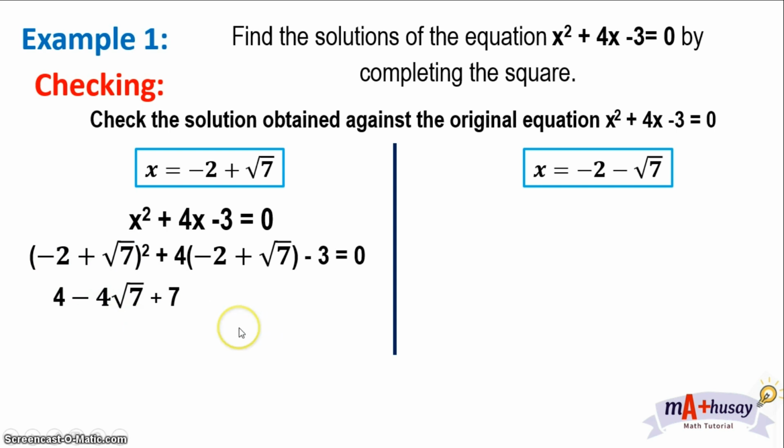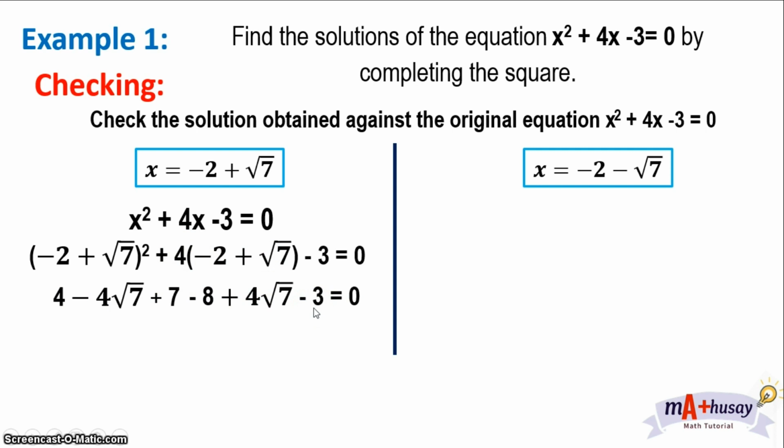On the other side, we just distribute the 4. 4 times negative 2 is negative 8. 4 times the square root of 7 is 4 square root of 7. Then, minus 3. Now, if we combine like terms, 4 plus 7 is 11, and negative 8 plus the negative 3 is negative 11.